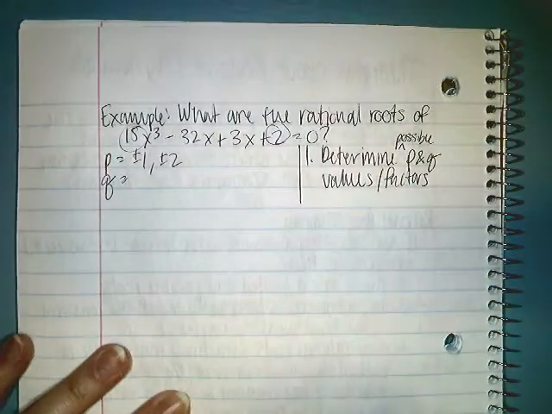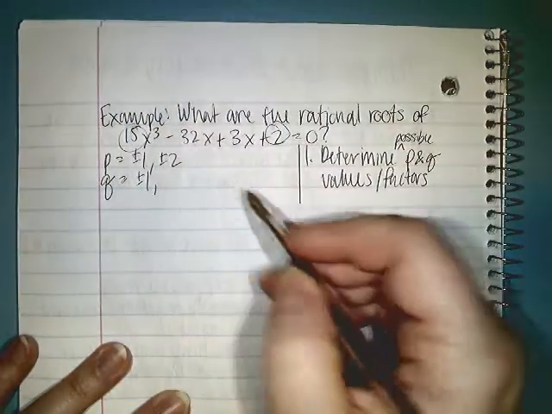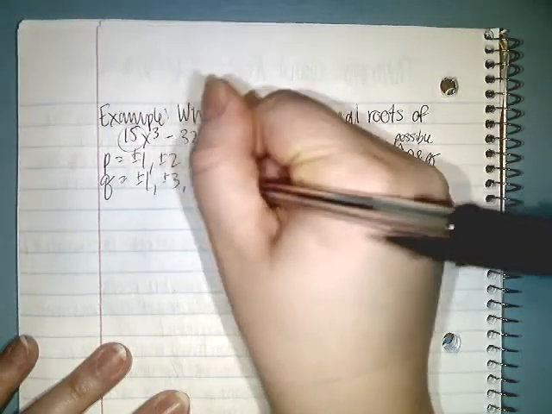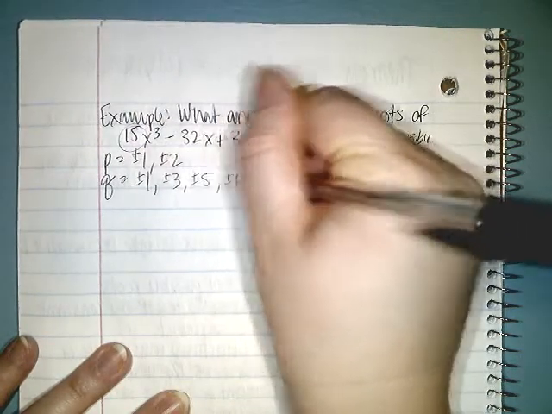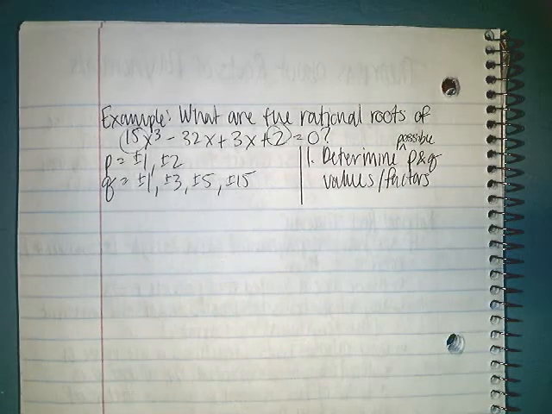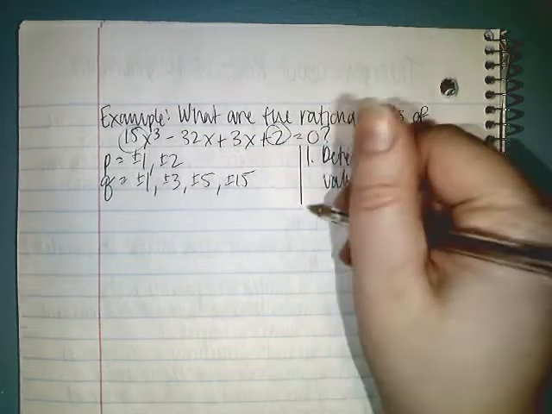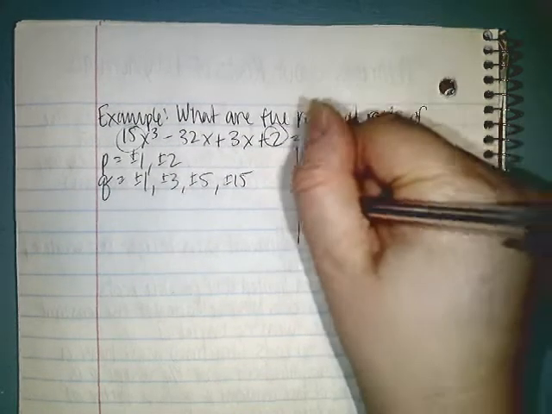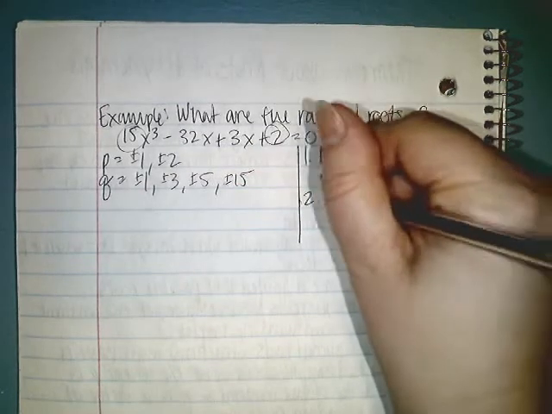Q has a few more factors this time, so Q is 15. Possible factors of 15 are plus or minus 1, I'm going to go in order from least to greatest, then plus or minus 3, plus or minus 5, plus or minus 15. So these are all my possible factors of 15. Those are all my possible Q values. Then my next step is to determine all the possible rational roots.